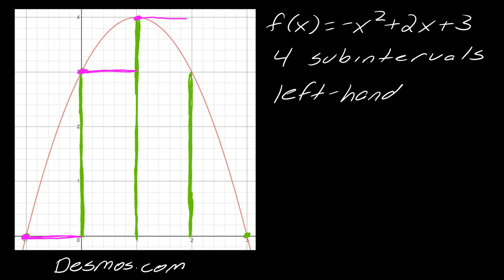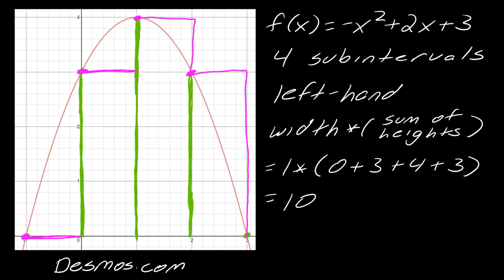So it's always just the left-hand endpoint that's dictating that, like you see here. And so now you can do your whole sum based off of these heights. I'll just show you the math for that. So here's the math. As I move along, the heights of the rectangles are 0, 3, 4, and 3. And so then there would be my sum, and the width is still just 1 like it has been in all of these examples.